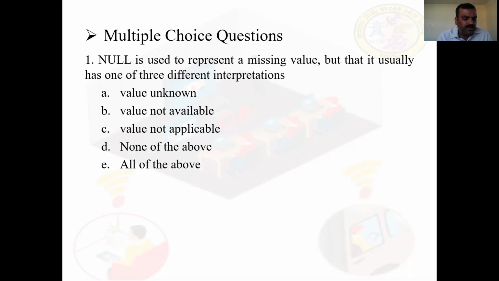The null value can be interpreted in three different ways: value unknown, value not available, and value not applicable.